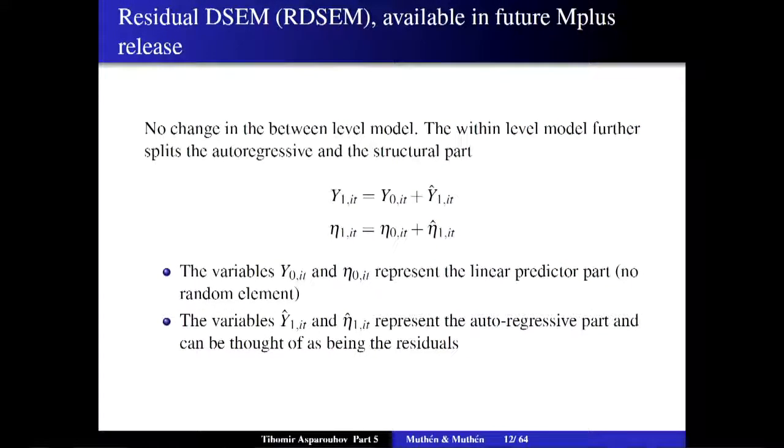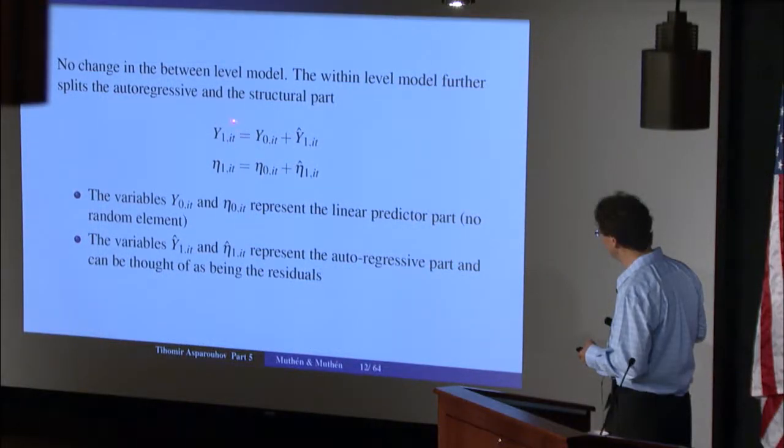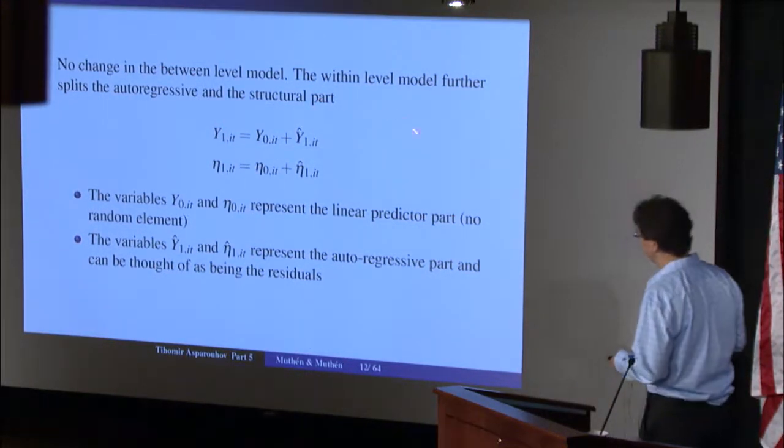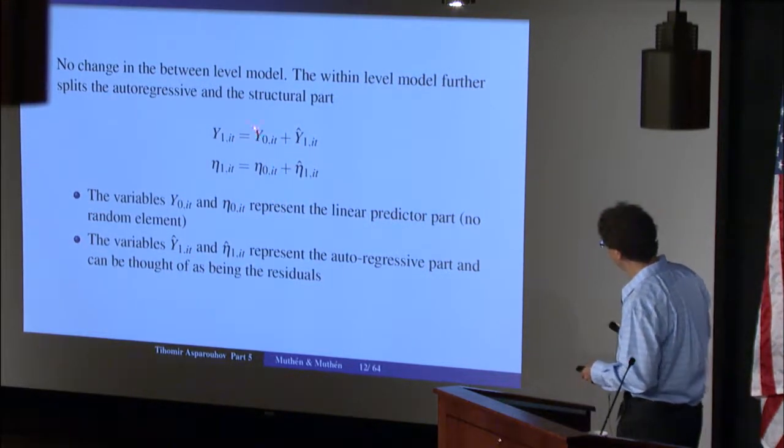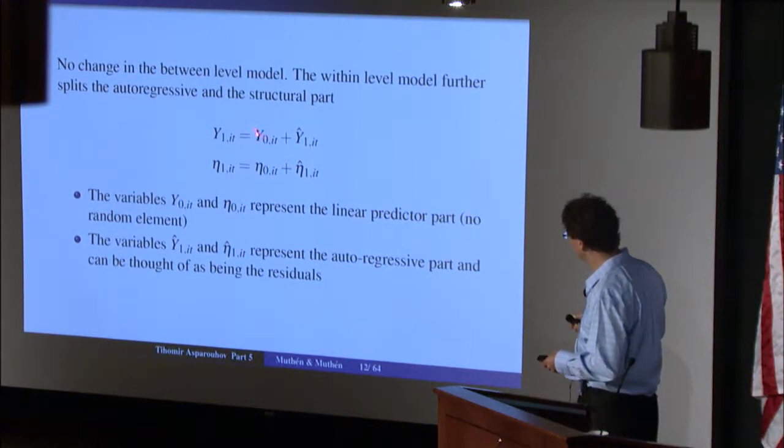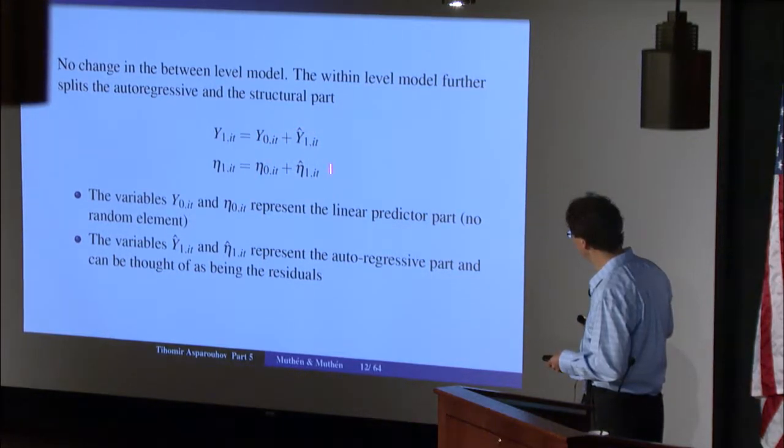So now we're going to turn attention to the RDSEM model. So this is again the model that we're working on now. This is the residual DSEM model, and the model is defined slightly differently. The within level variables, so here the dependent and the latent variables on the within level model, they actually further split into two separate levels, which I called here the level 0 and the hat level.